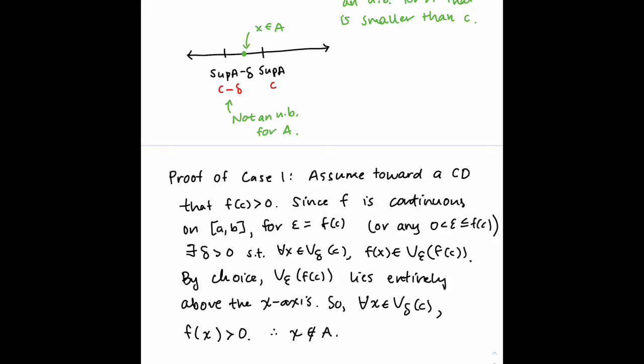Now we need to show why this contradicts lemma 1.3.8, which is supposed to show us that sup A minus delta can't be an upper bound for A because it's a number smaller than the supremum.